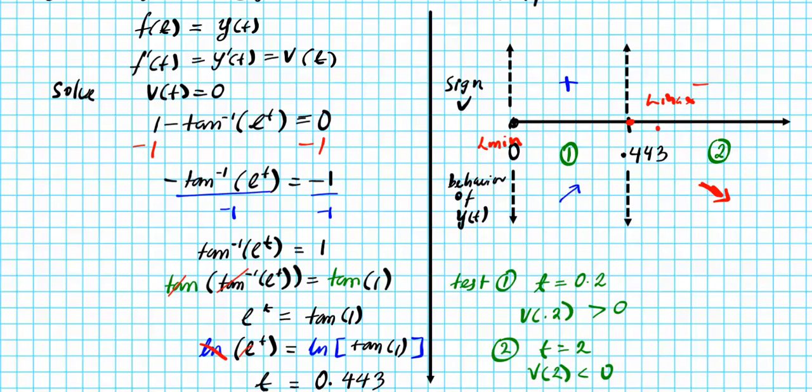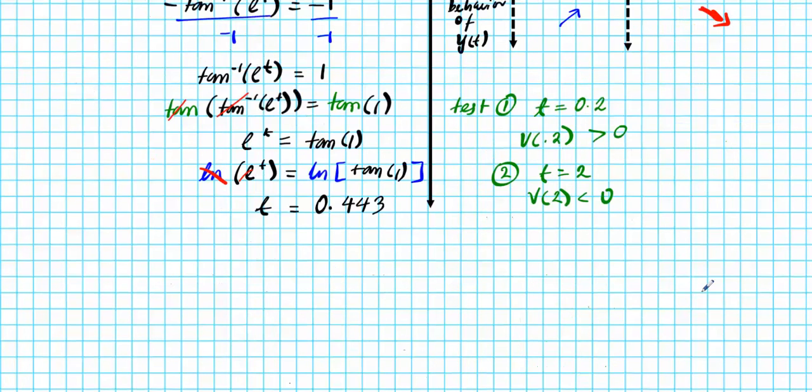Let me write it. So this value here is our local max. Can we conclude that this is our absolute maximum also? Certainly, because it increases to that point, and after that, it decreases forever. So this is our local max and is also our absolute maximum because we do not have any endpoints or critical values that is a maximum on this entire domain.